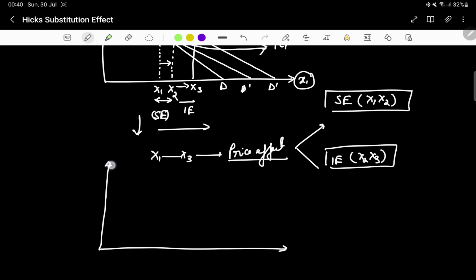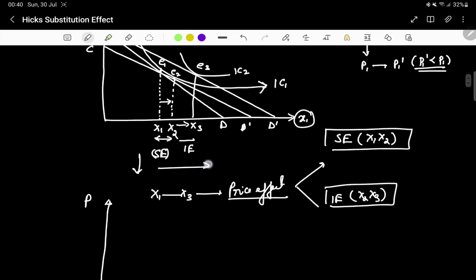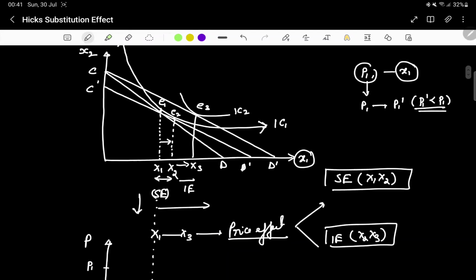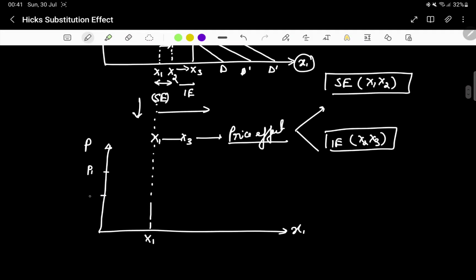We can take the price P on this axis, and commodity x1 on the other. Initially with price P1 the demand was x1, so we can extend it to here; this is x1 and this price was P1. Now the price has fallen from P1 to P1 dash. Since the price has fallen, the point must be here.